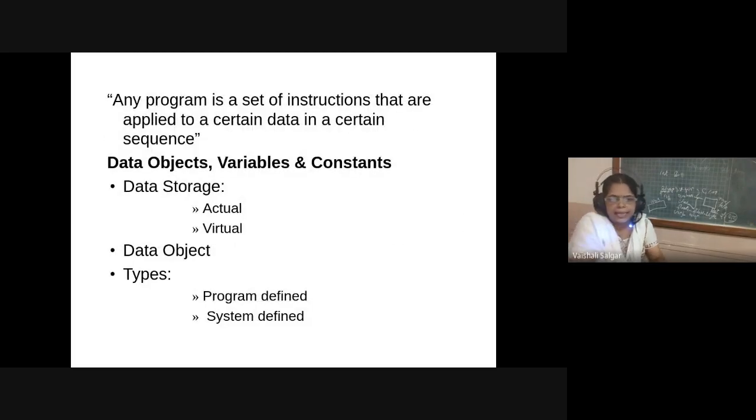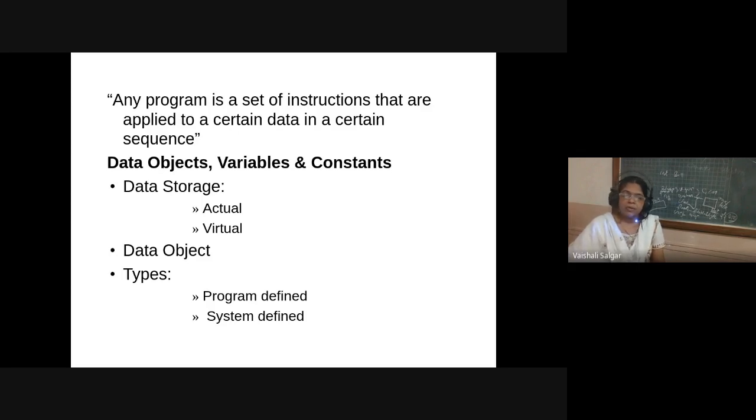Basically, we have already seen that a program is nothing but a set of instructions or a sequence of commands. So any program is a set of instructions that are applied to certain data in a certain sequence. Whenever we write a set of instructions, we will deal with a data object, variable and constant.